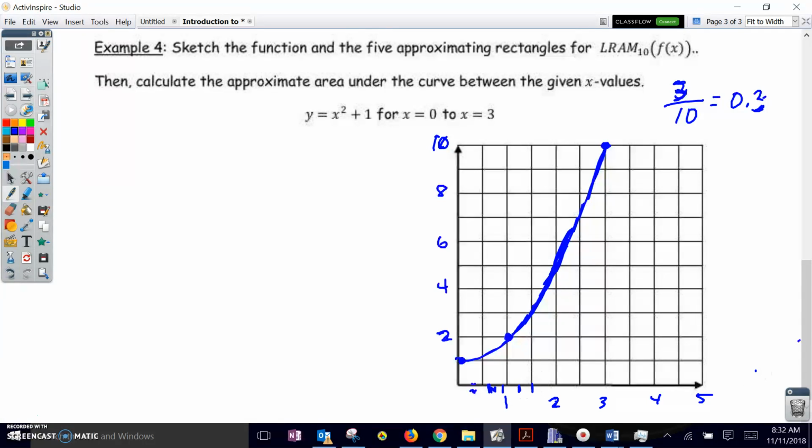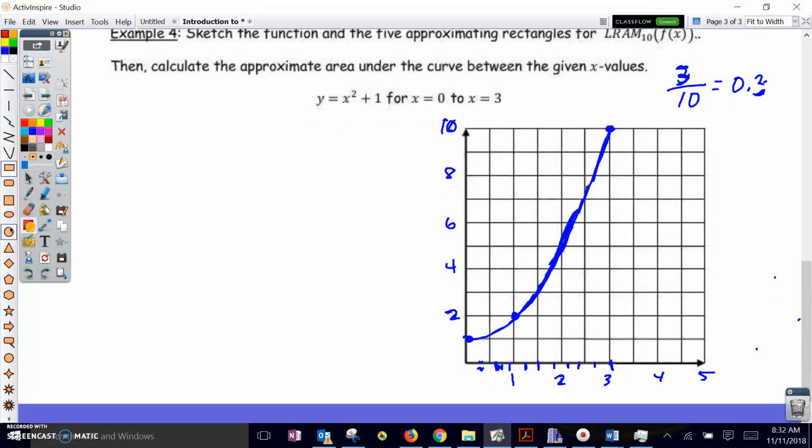1.2, 1.5, 1.8, 2.1, 2.4, 2.7, and 3. And so we would have all these really tiny, thin rectangles, and let's see how well this works for me, since I already know that I have trouble putting rectangles underneath here.